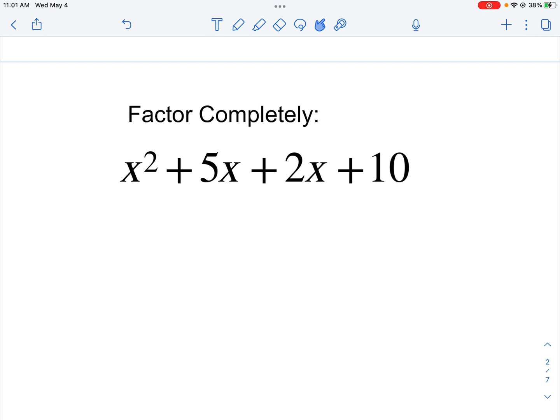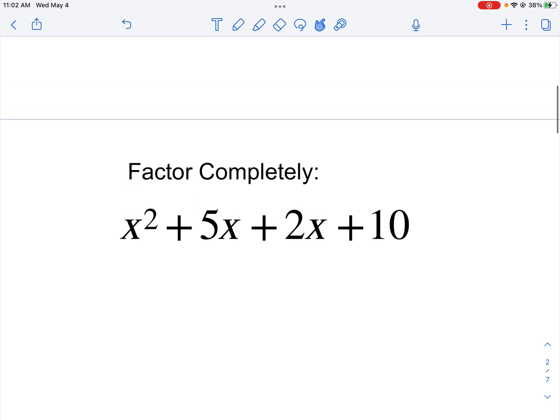All right, so if we look at this one, you're going to notice that there's four terms here. We want to use factoring by grouping when we have four terms. Hopefully this isn't foreign to you. So let's look at this.